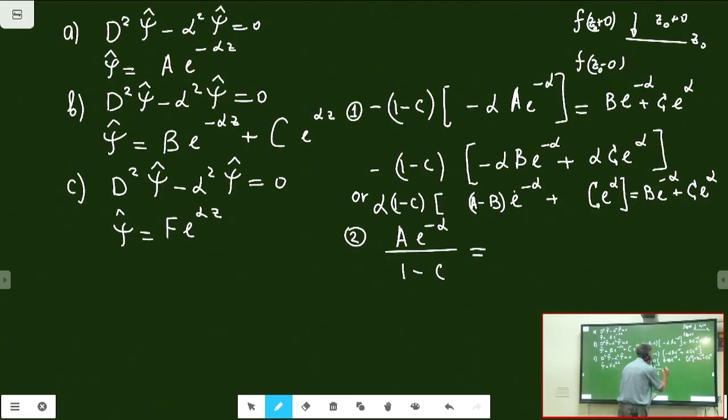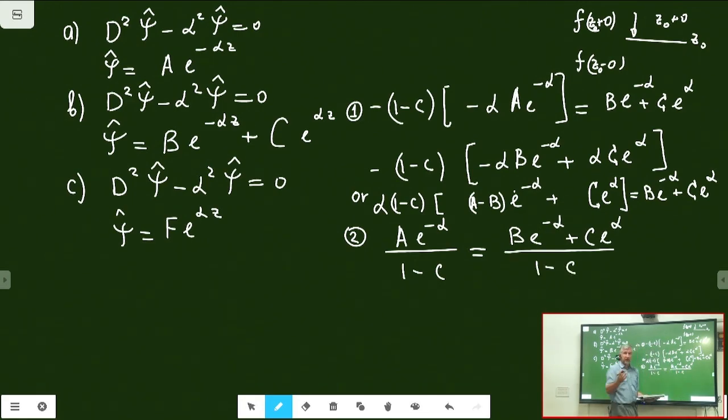And that is to be equal to, in the second layer, b multiplied by e to the power minus alpha plus c to the power, divided by z minus c, but z is equal to 1.